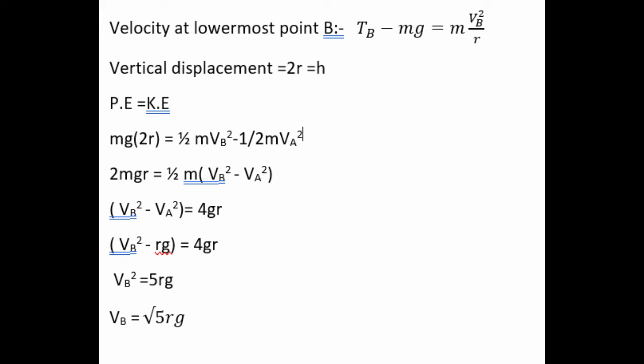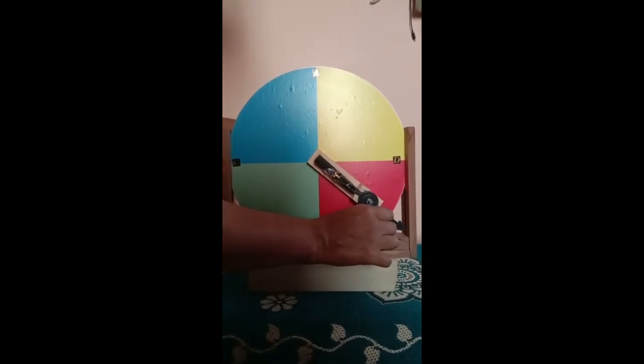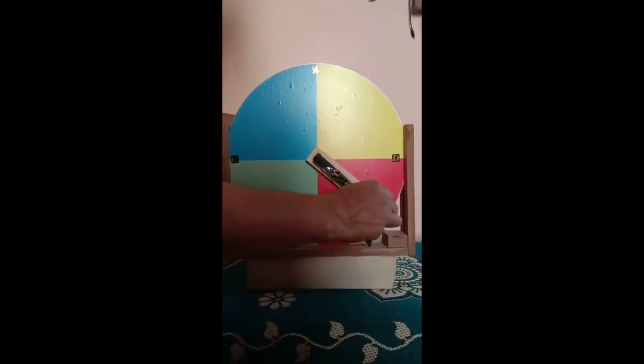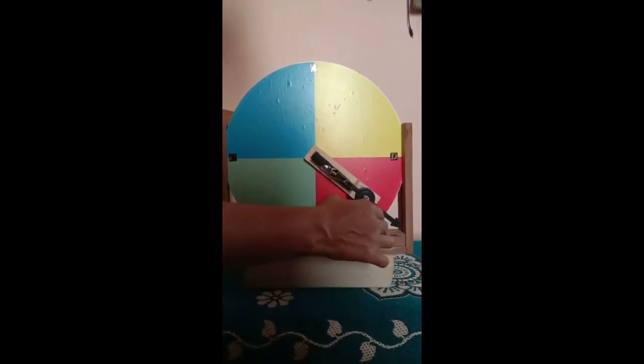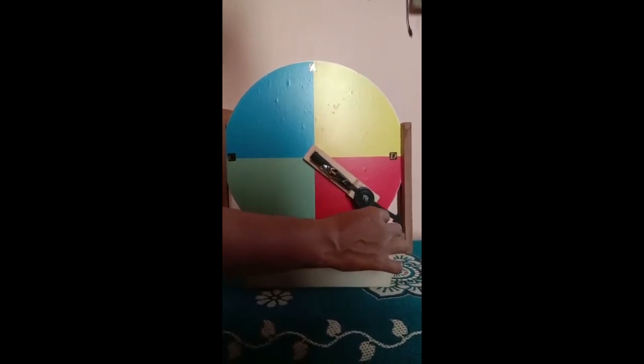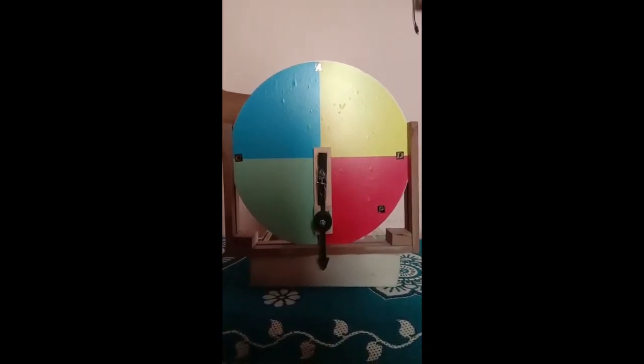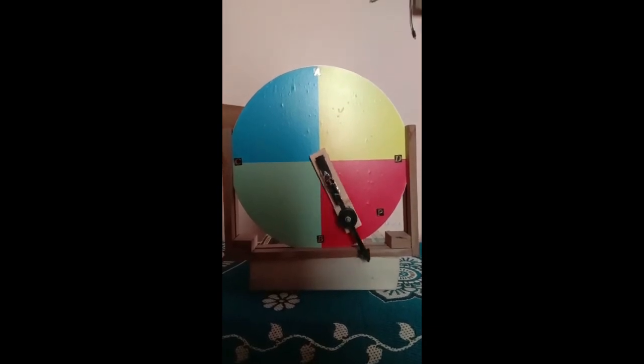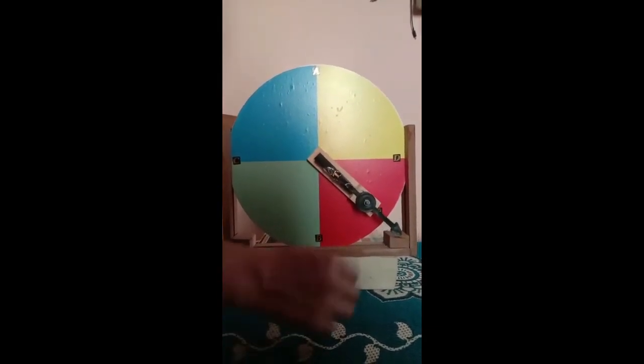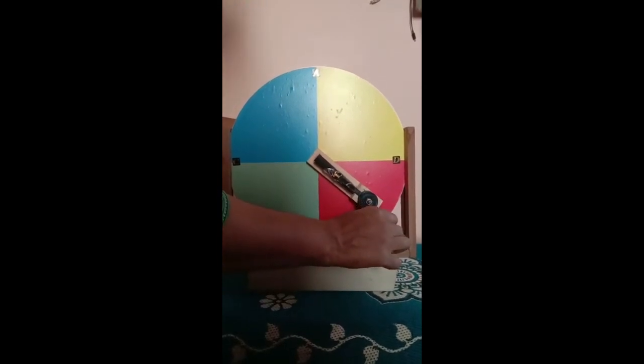Now let us consider the object to be at position P. At point P, the forces acting on the object are the tension in the rod, which will be acting towards the center of the circle, and the gravitational force mg, which will be acting in the downward direction, and this is divided into two components, one along the radial, that is mg cos theta, which will balance the tension, and the other component perpendicular to it, that is mg sin theta.